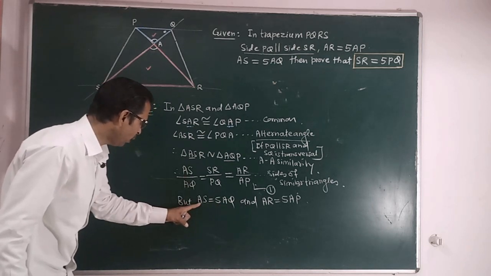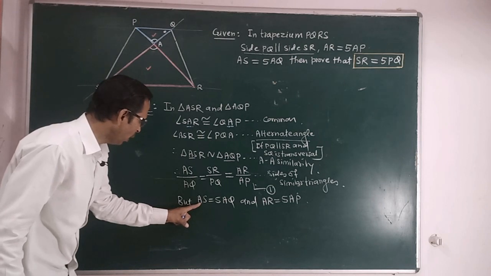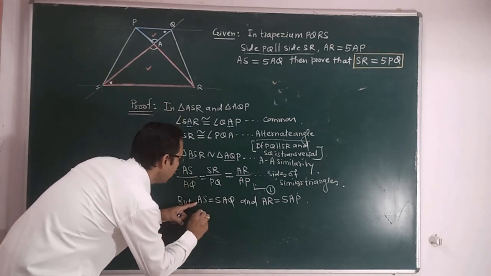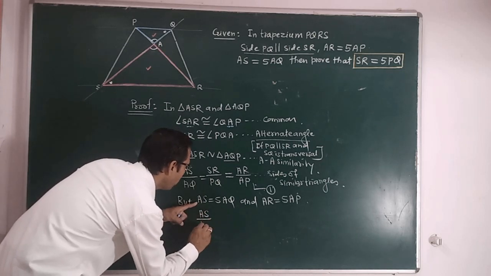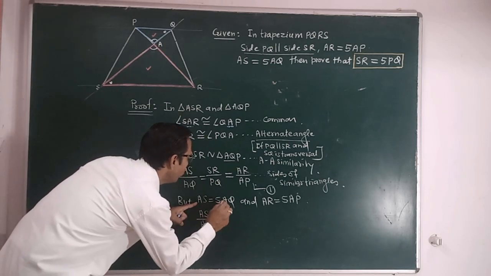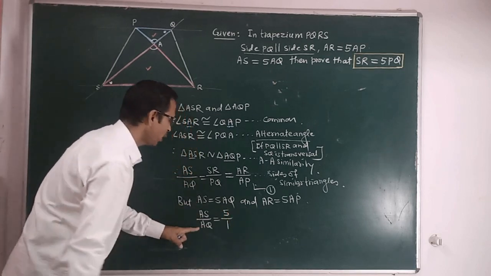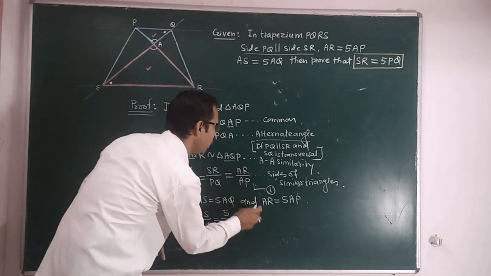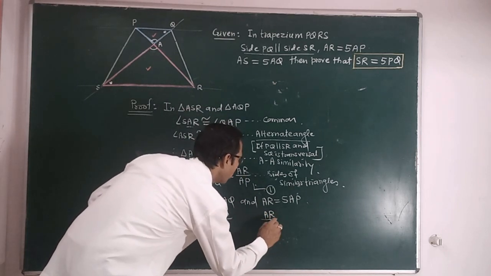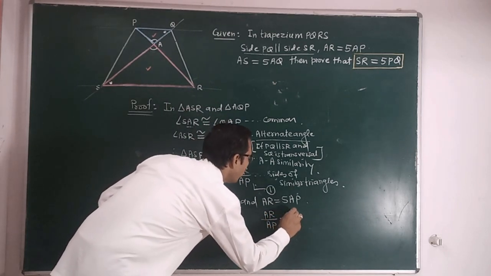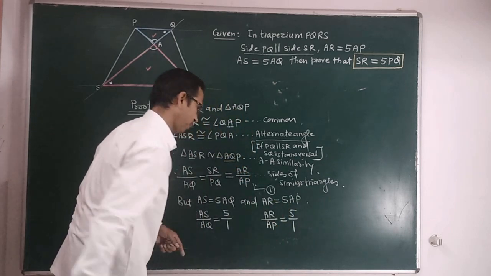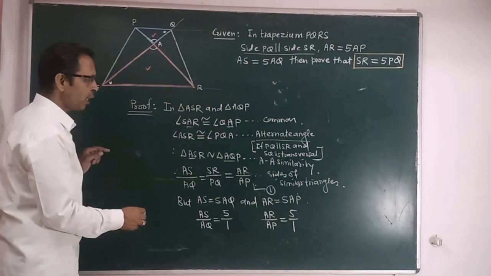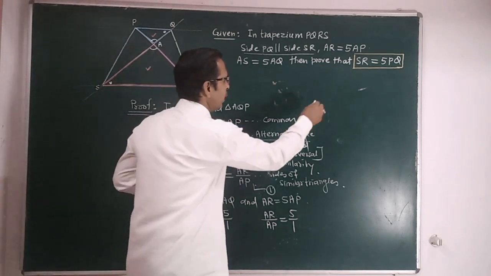From this statement we can make the ratio AS upon AQ. If we take AQ in the denominator, AS upon AQ is equal to 5 upon 1. This ratio we will get. And again here, AR upon AP is also equal to 5 upon 1. Now from these, the two ratios are equal. We write here.